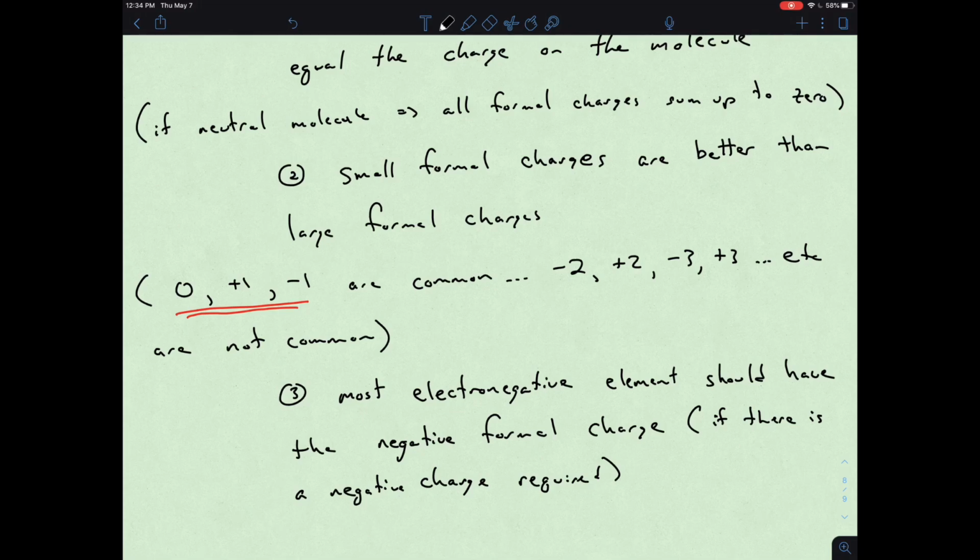And then lastly, in terms of periodic trends that we've talked about in a recent lecture, right, the most electronegative element should have that negative formal charge when we have some type of discrepancy. So that's the idea between this notion of putting together a molecule in the Lewis dot sense, and then assigning formal charge to realize that maybe, okay, one representation is better than another.